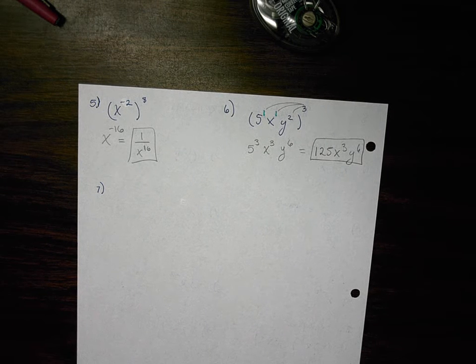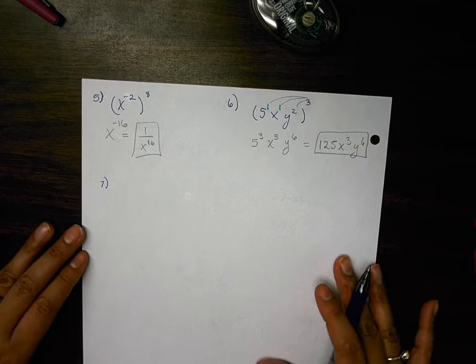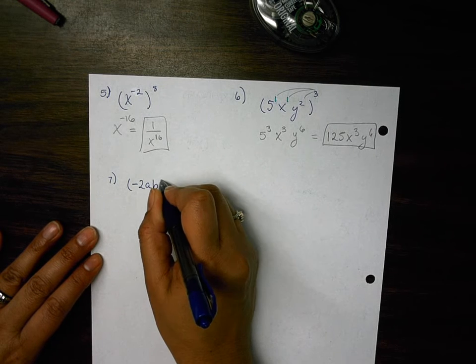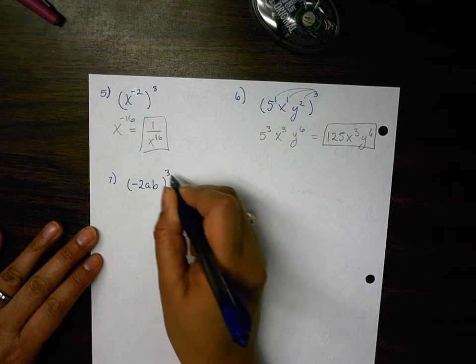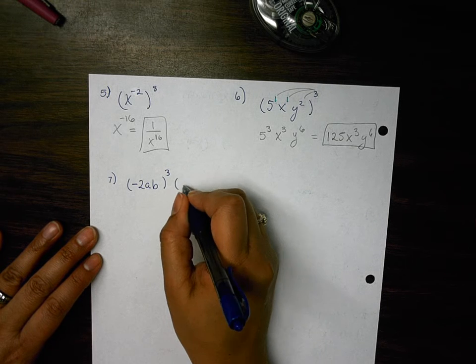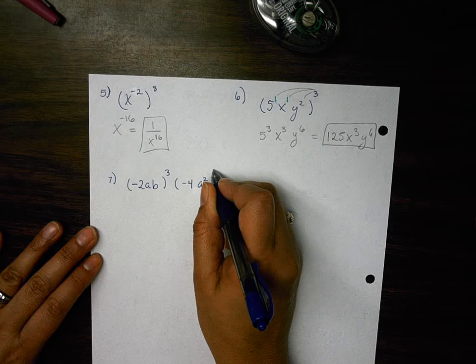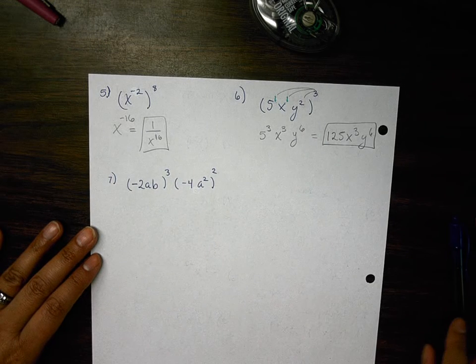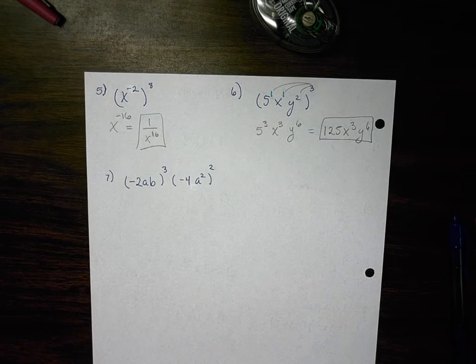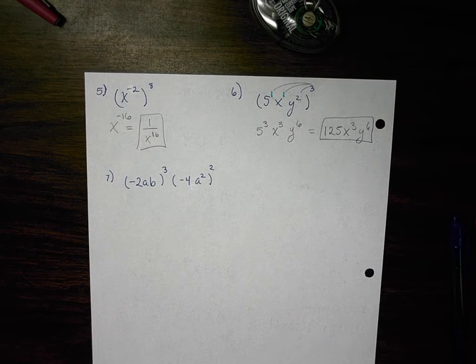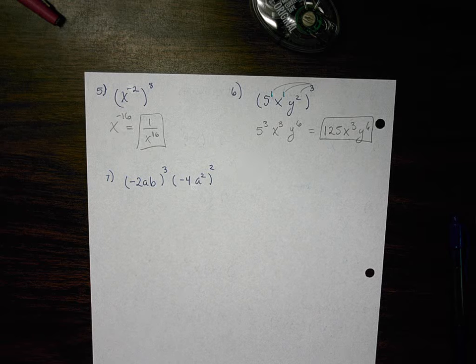Okay, number 7. Parentheses, negative 2ab, close parentheses, third power, parentheses, negative 4a squared, close parentheses, second power. All right. Don't work it out yet.